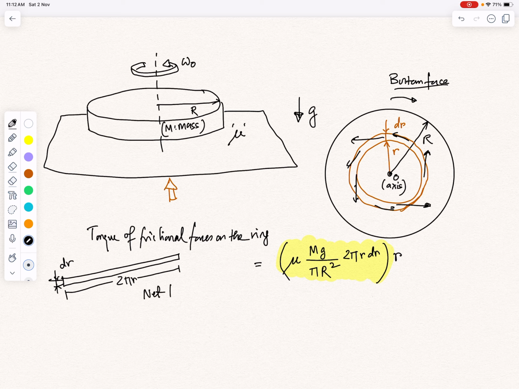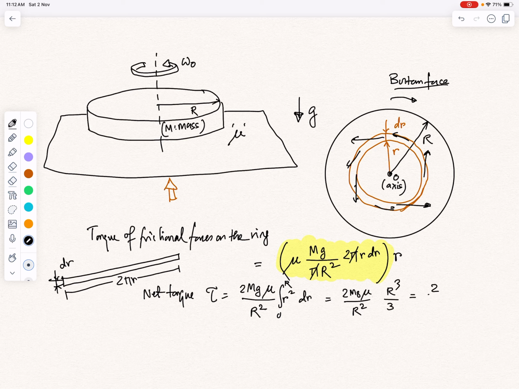Now the net torque. So the net torque will be tau equal to, just integrate this. So this pi and pi will cancel. So it will be 2 mg mu by capital R square into small r square dr. So integrate from 0 to R. So there you get 2 mg mu by R square into R cube by 3.